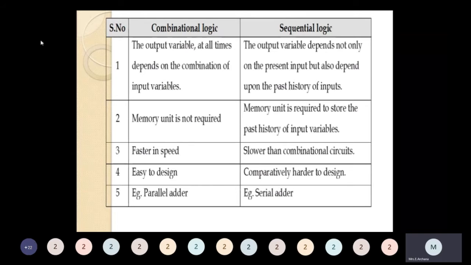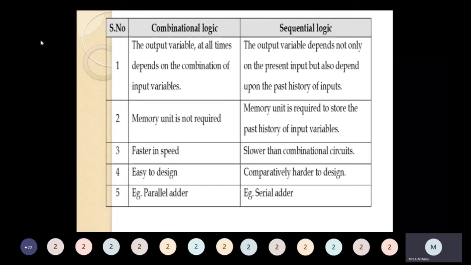A combinational circuit doesn't store anything, so a memory unit is not required. A sequential circuit stores the past history of input, so a memory unit is required.